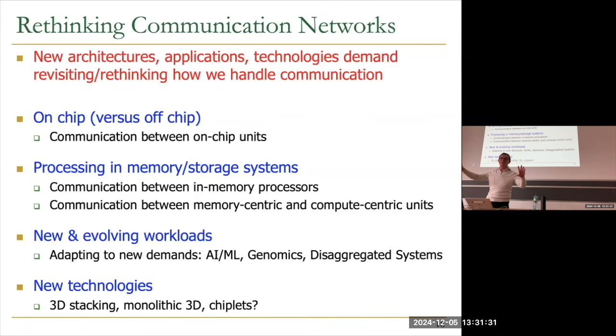So you really need to rethink how you handle communication between those units. If you have, for example, disaggregated storage and disaggregated memory, where a lot of the memory and storage sits far away from where computation is done, then you may need to rethink how you do the communication across those. And within that disaggregated system, you may also have computation inside the disaggregated storage or memory. So there's a lot to do over here.